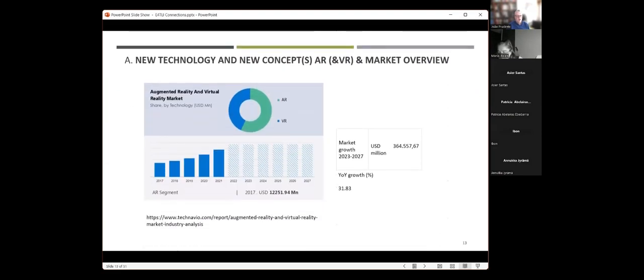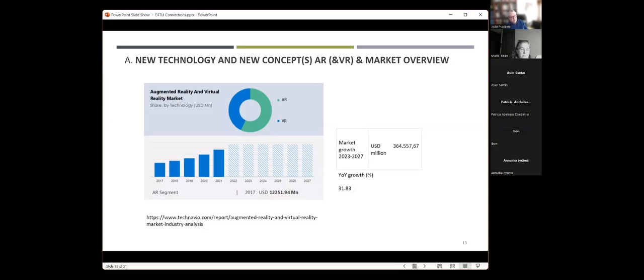So it's a market, and we need to think of putting people in this market, because the people that we are teaching today will be in this reality in 3 years.